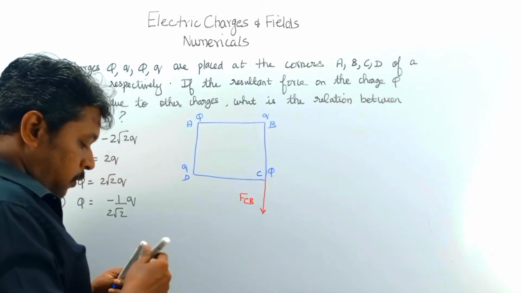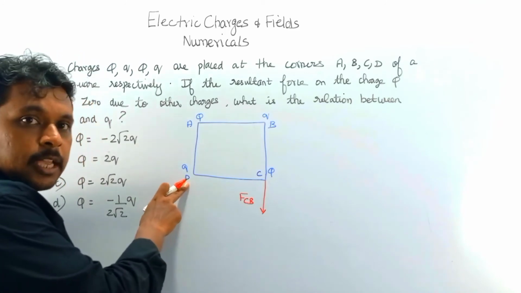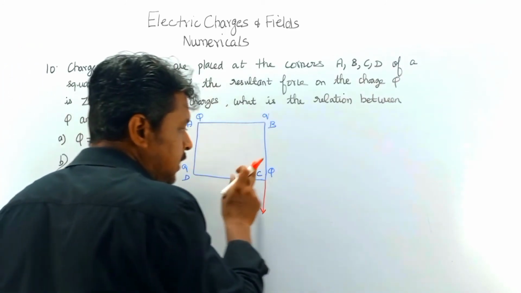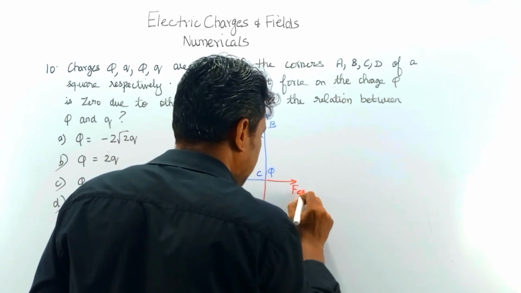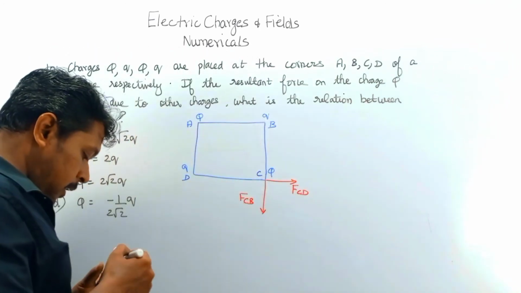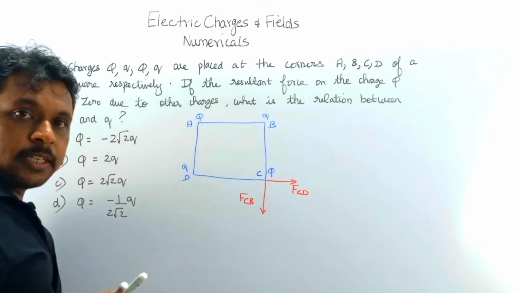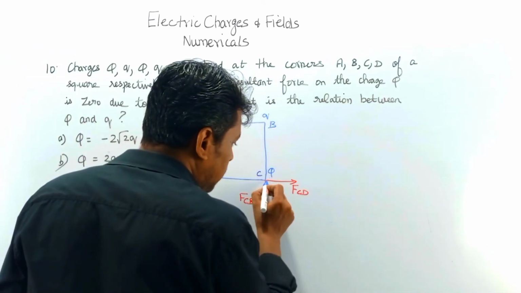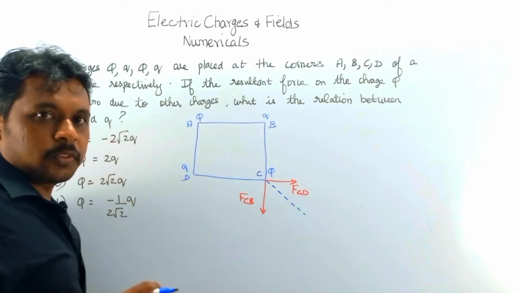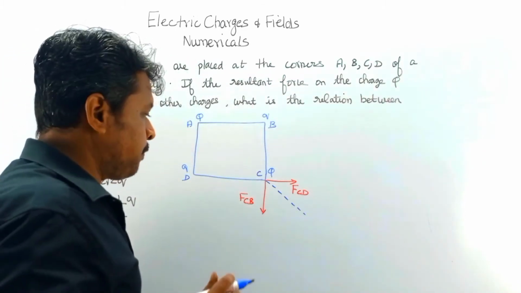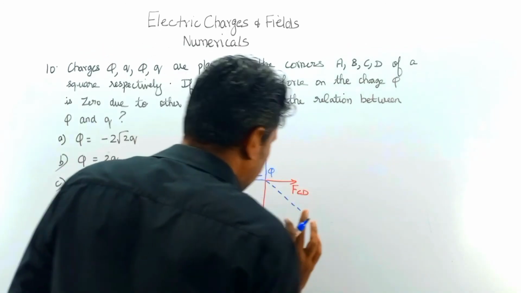Next we see that the force due to the charge kept at D will be acting on C in this particular direction due to force of repulsion. This is FCD. After these two charges, we see that the resultant of these two charges will be acting in this particular direction by the parallelogram law of forces.